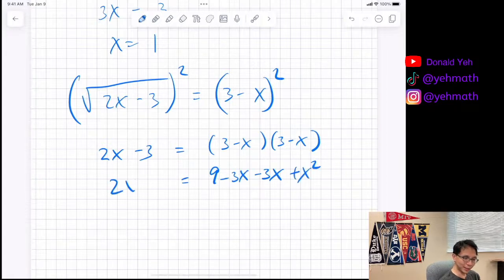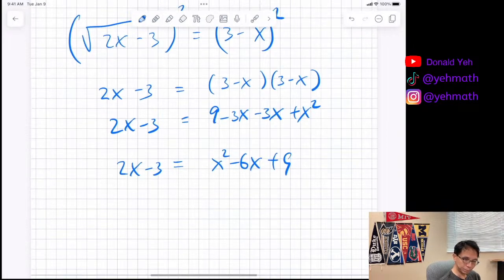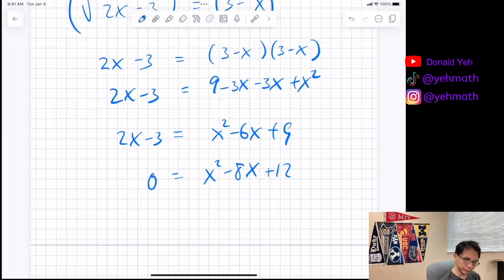Did you do the right side correctly? If you factor, you just take it back. Or it's 2x, so you could just subtract it.